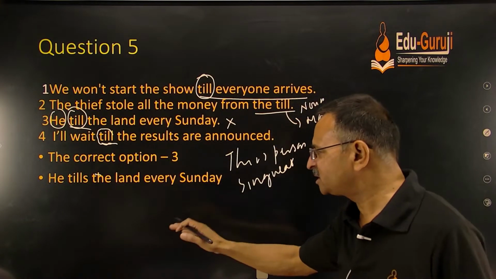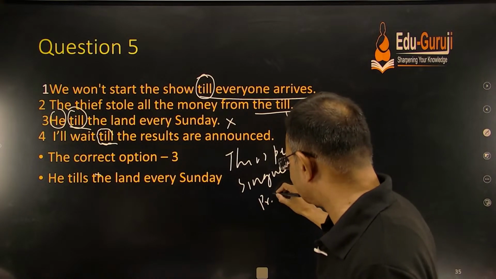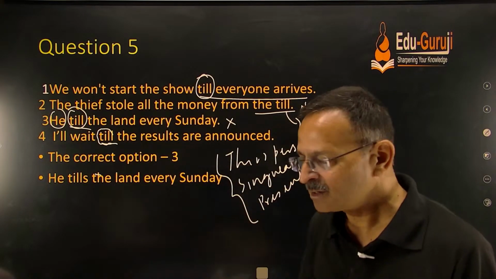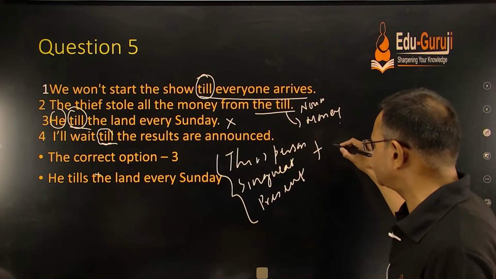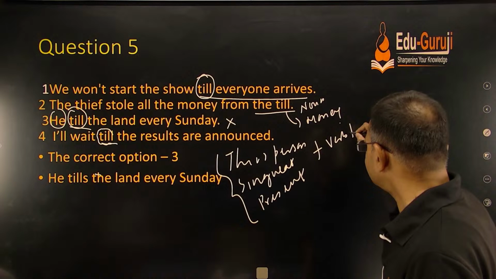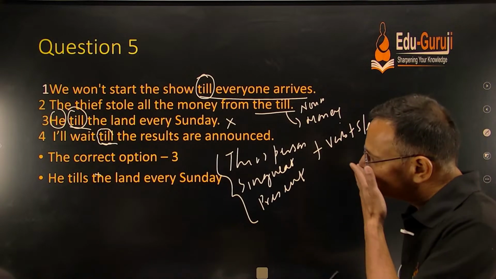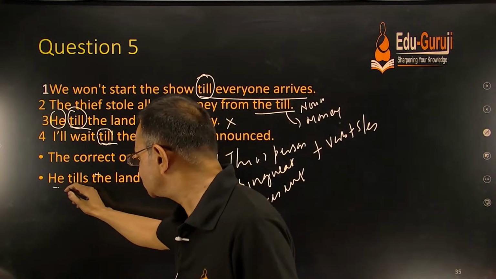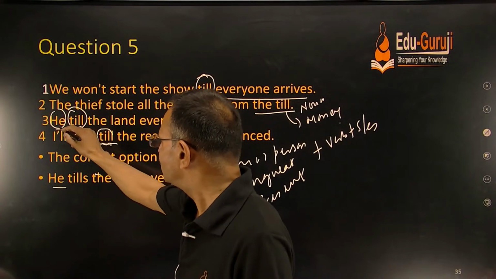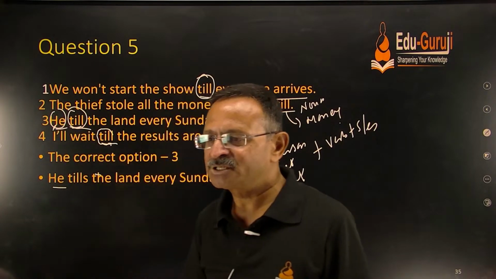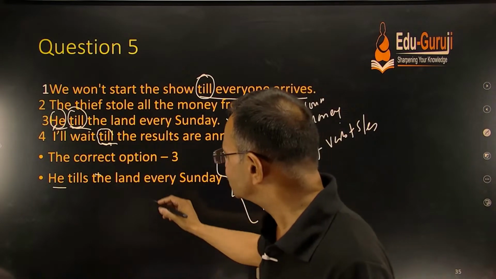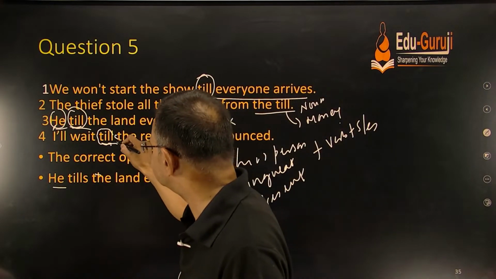Whenever there is a third person, singular, and present tense, if these three conditions are there, you are supposed to always add s or es to the verb. Look here, he till. Till is a verb, and this is third person singular present tense. So we will put s over here.